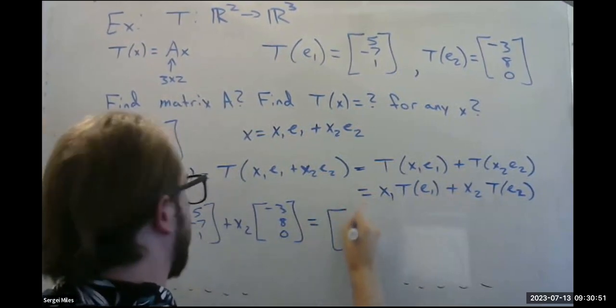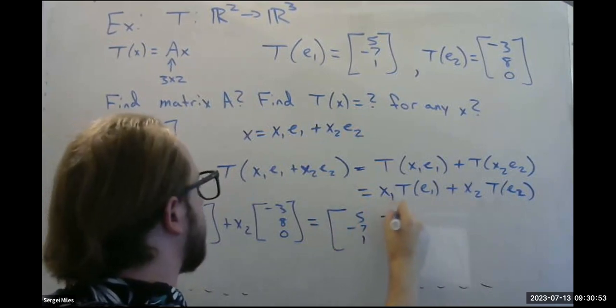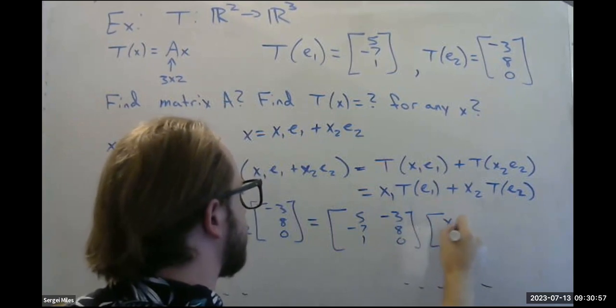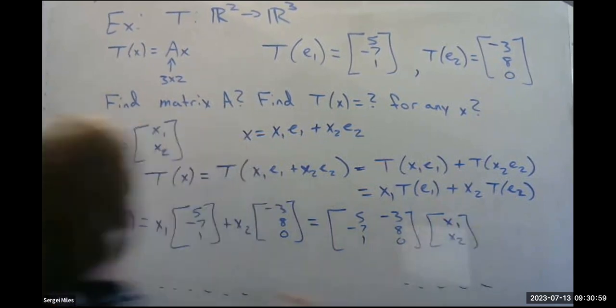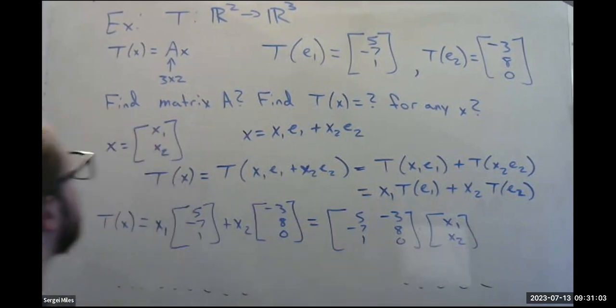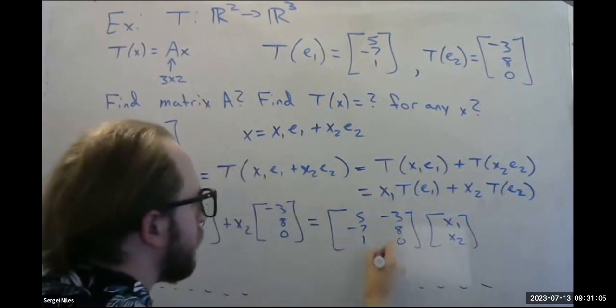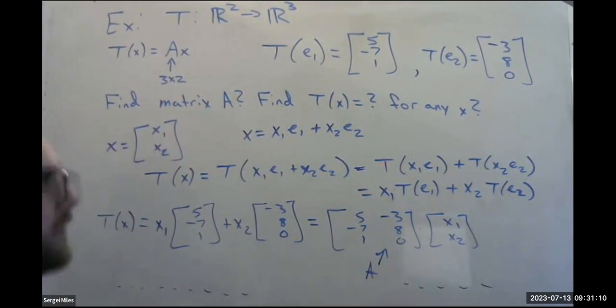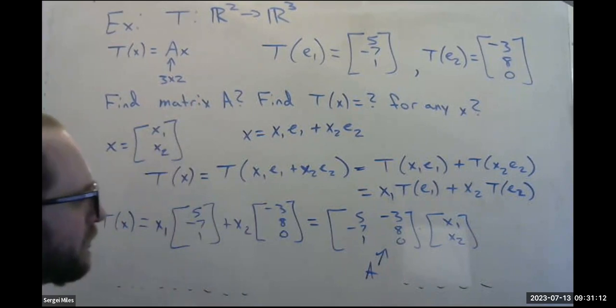We have 5, -7, 1, -3, 8, 0 times x1, x2. In other words, I've rewritten T of x as a matrix times x. Well, lo and behold, without even really trying to, I just found the matrix A, right? So we just answered this first part of the question.